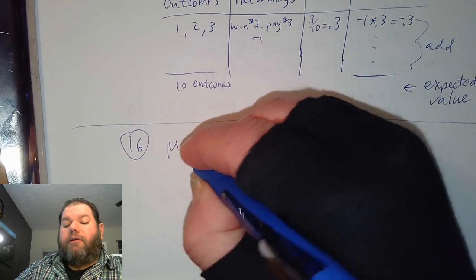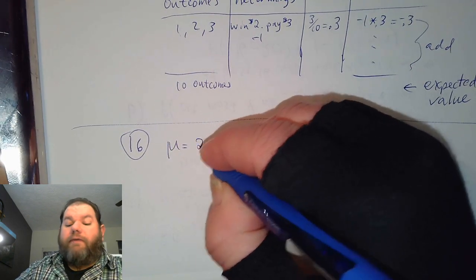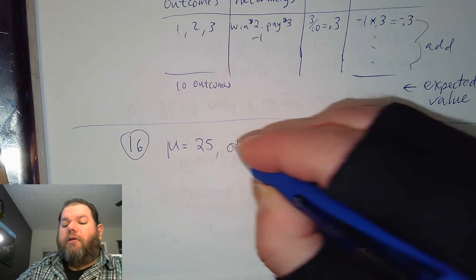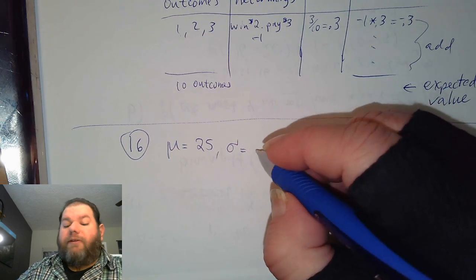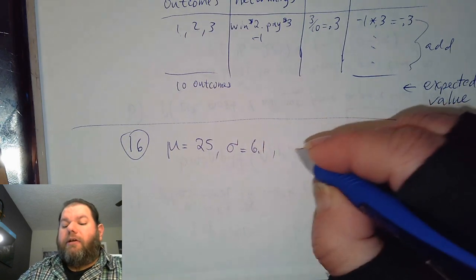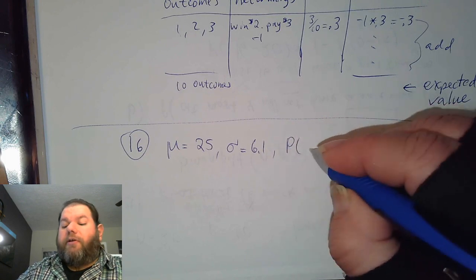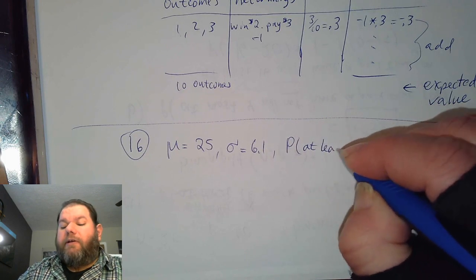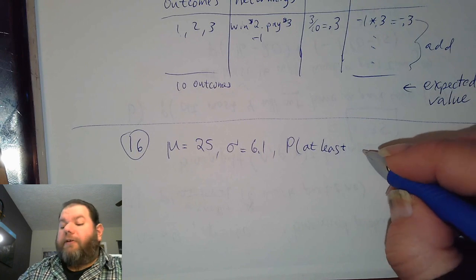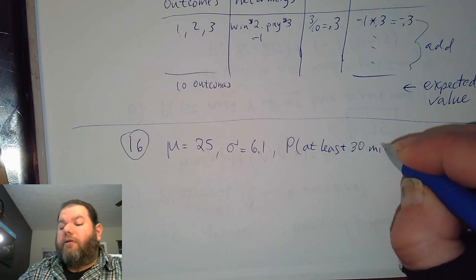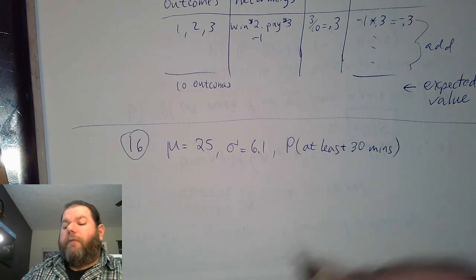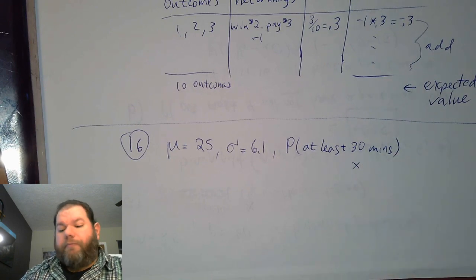So our mean is 25 minutes, our standard deviation is 6.1 minutes, and we want the probability of spending at least 30 minutes commuting. That's our x, our data value.